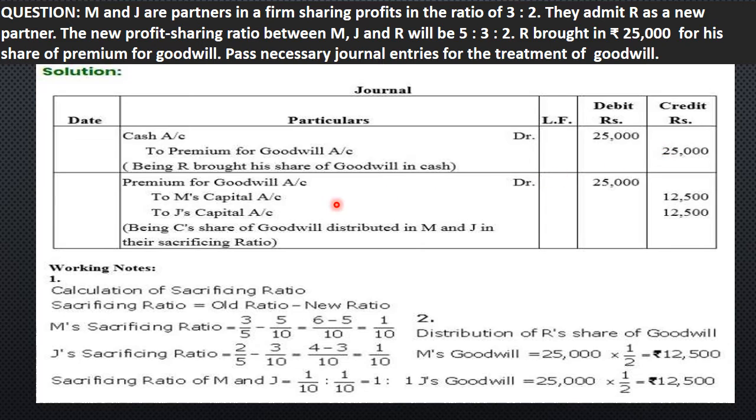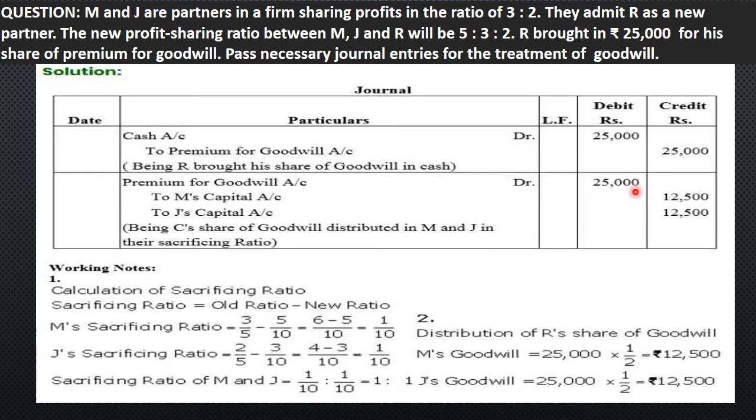But for passing the next entry, we need the sacrificing ratio. And the formula for computing sacrificing ratio when old ratio and new ratio both are given to us is old ratio minus new ratio. When we compute the sacrificing share of M, we will get 1/10. And when we compute the sacrificing share of J, we will get 1/10. Therefore, their sacrificing ratio is 1:1.